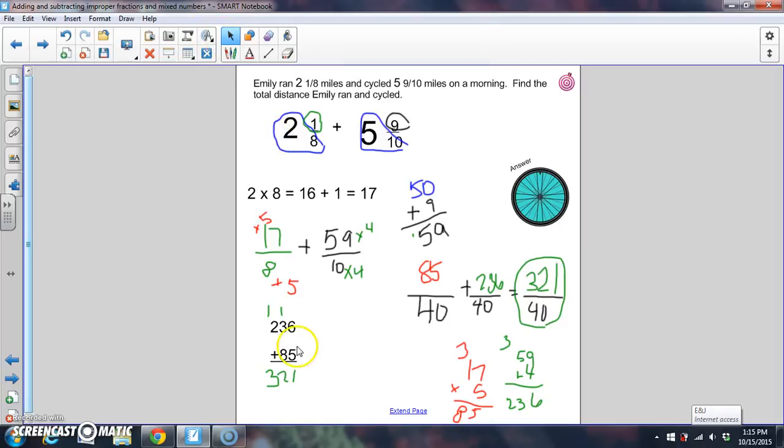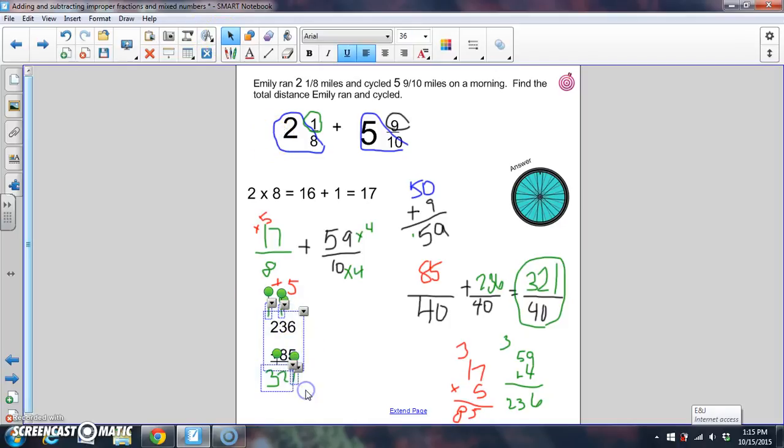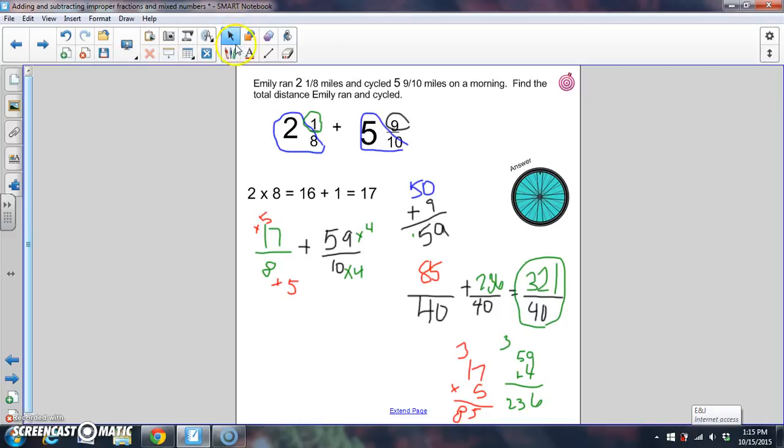Now we still have this as an improper fraction. We know that this fraction bar means to divide. So I would like you to divide 321 by 40.